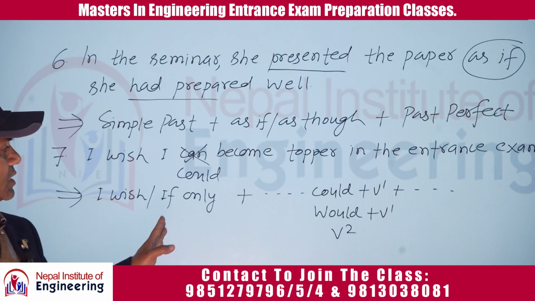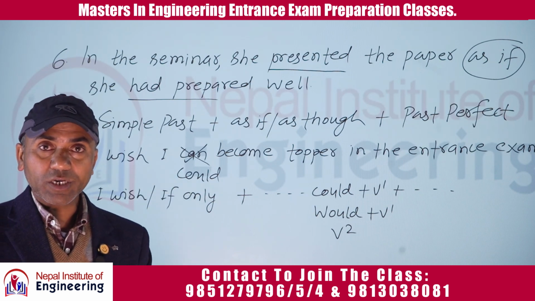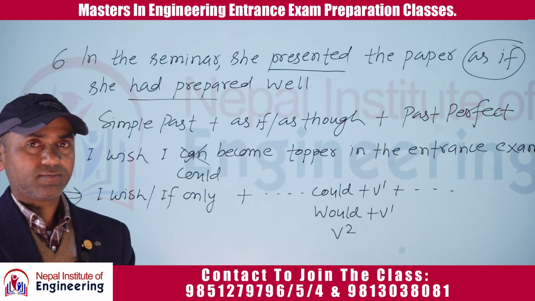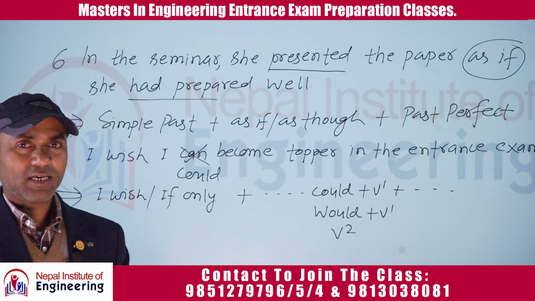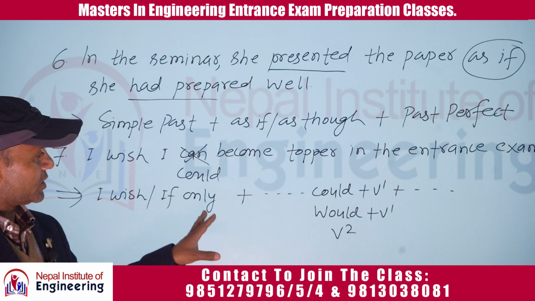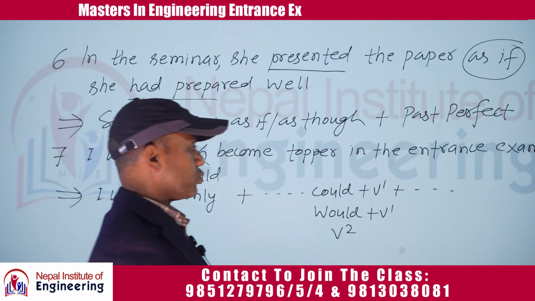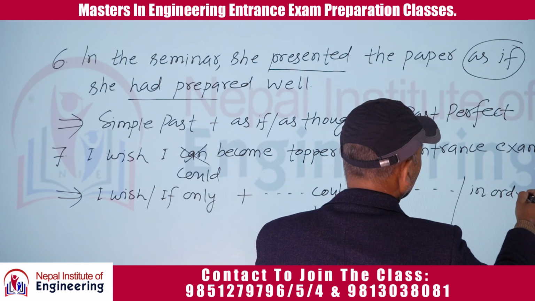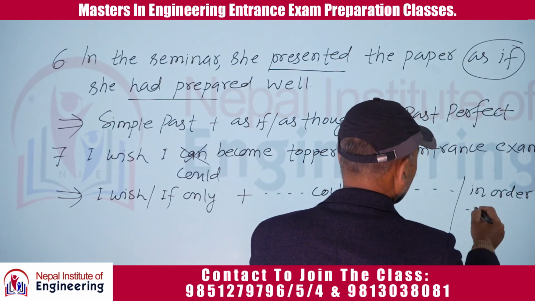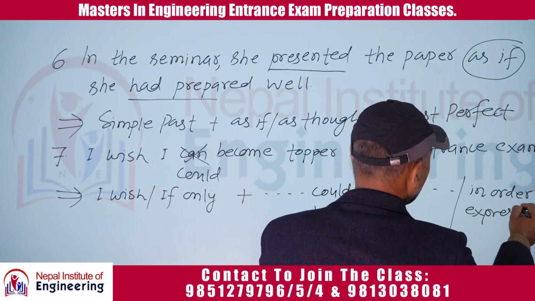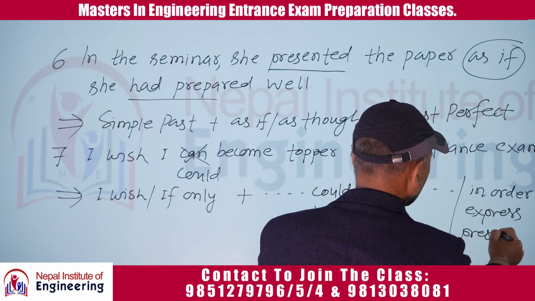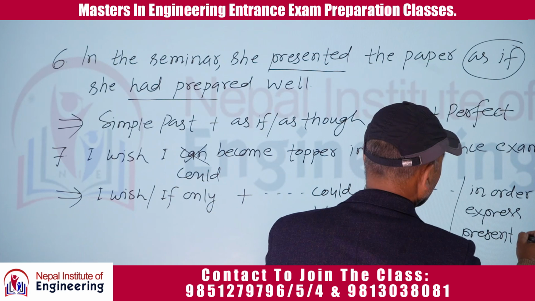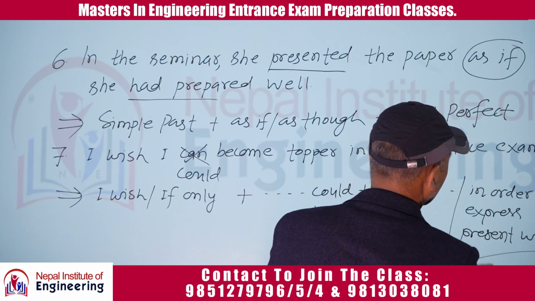I wish I could become topper. I wish I would become topper. I wish I became topper. Okay? So we use this structure in order to express a present wish.